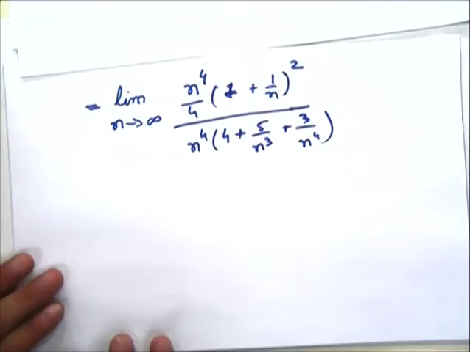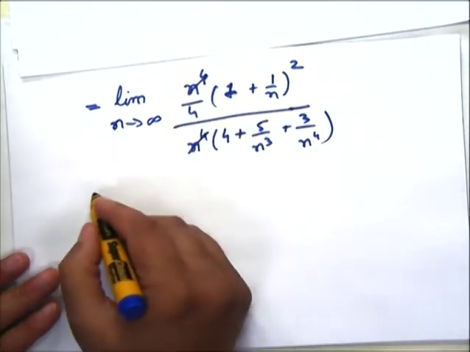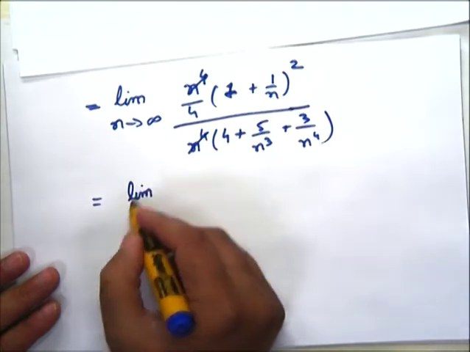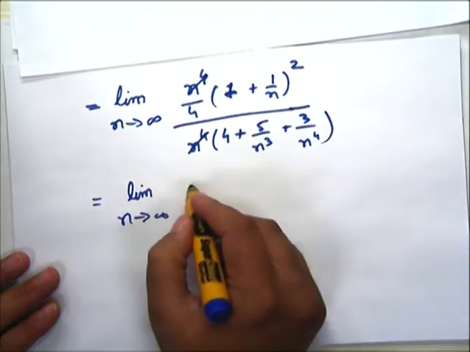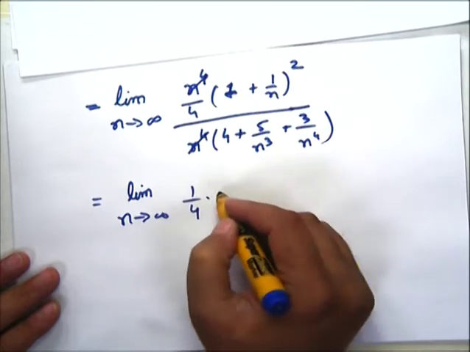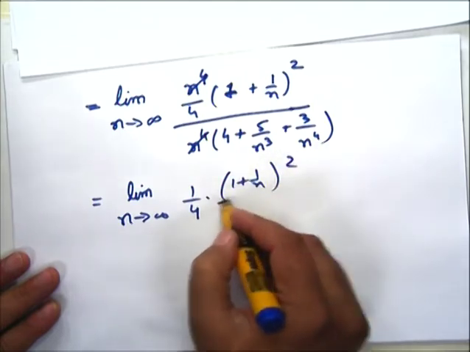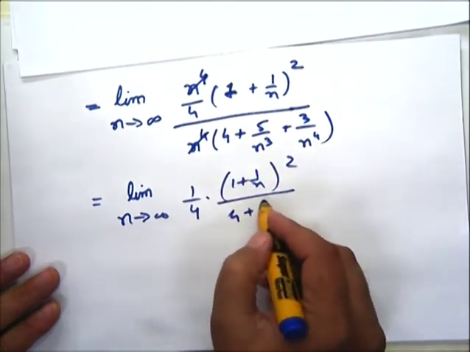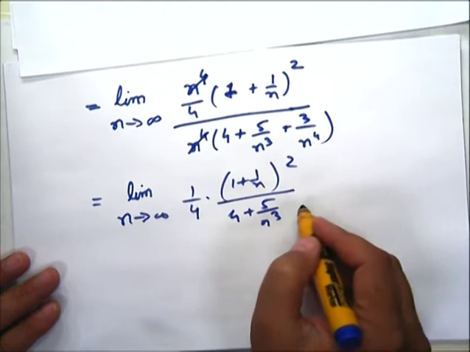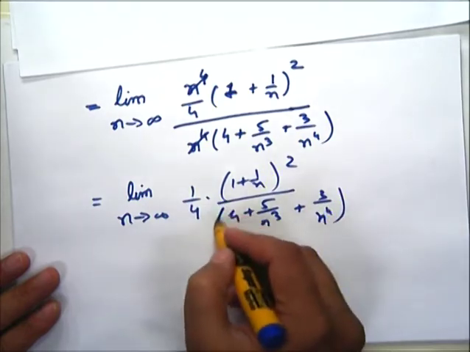Okay. So we can cancel this, and limit n tends to infinity 1 upon 4 into 1 plus 1 upon n whole square upon 4 plus 5 upon n cube plus 3 upon n raised to 4.